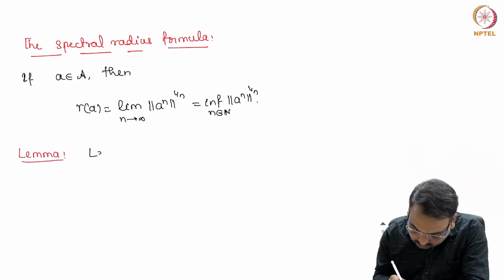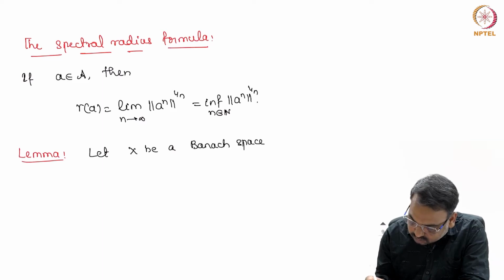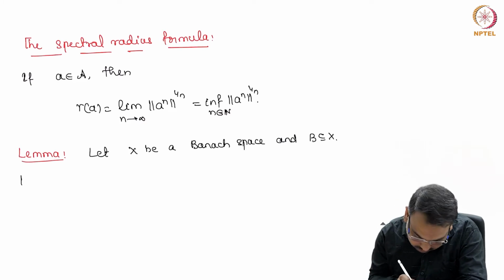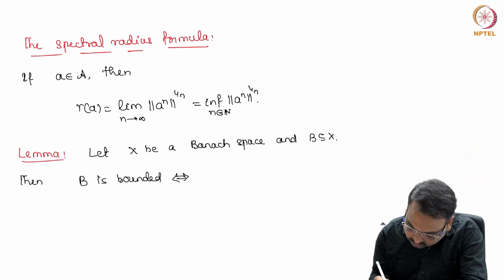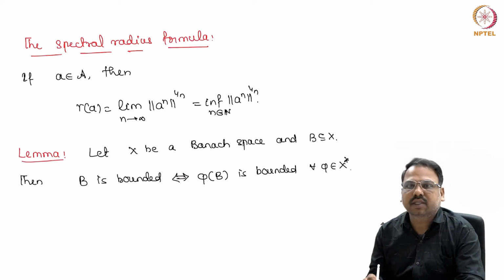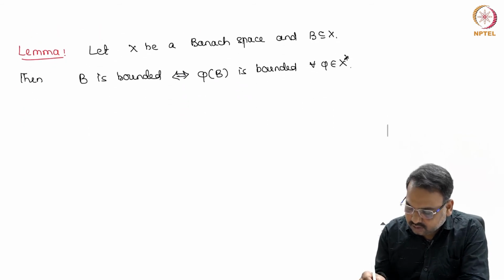Let X be a Banach space and B be a subset of X. Then B is bounded if and only if phi of B is bounded for every phi in the dual space of X. So let us try to prove this result.